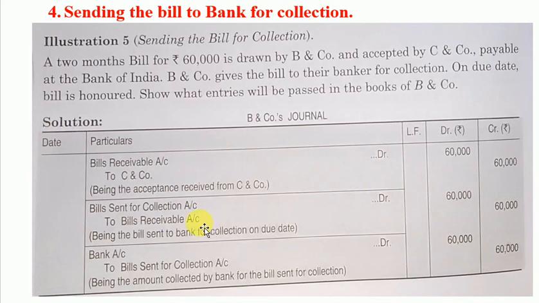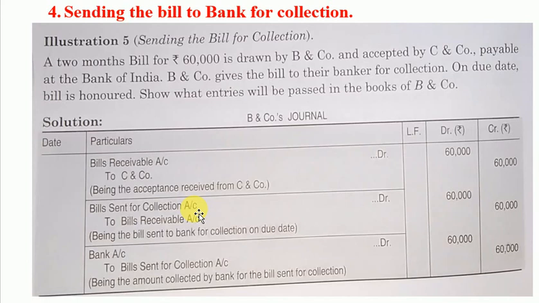In the first entry, we debited bills receivable when the bill was made or drawn. In the second entry, the bill is going to bank, so it is credited, and a new account is opened, bills sent for collection account. For this transaction, there will be no entry in the book of drawee, which is C and Company. I hope this is clear.